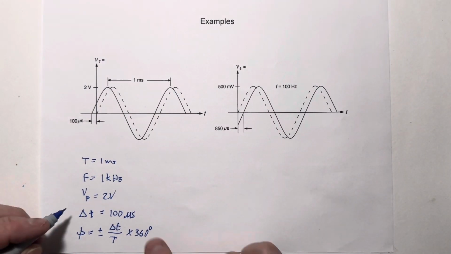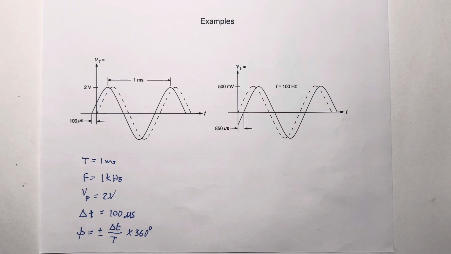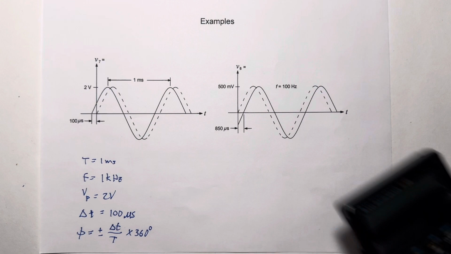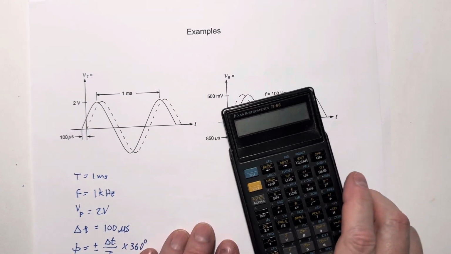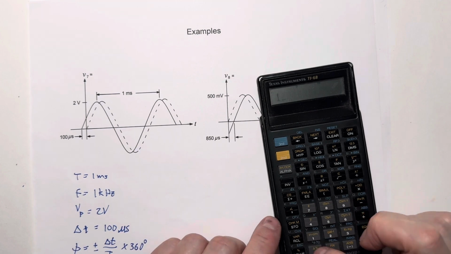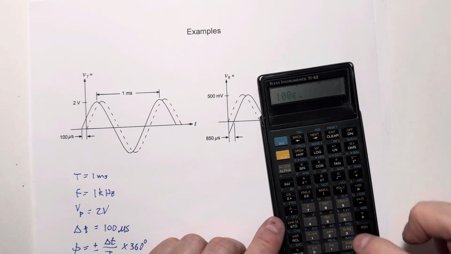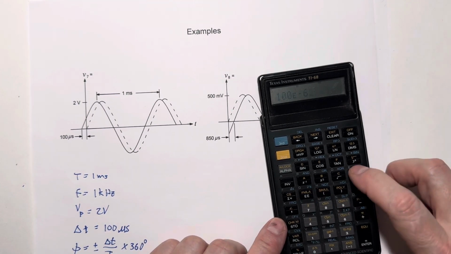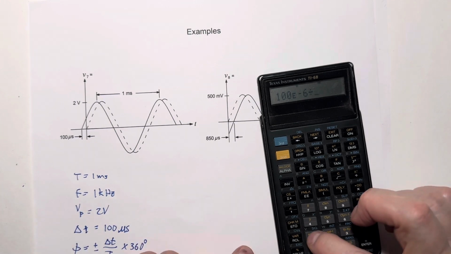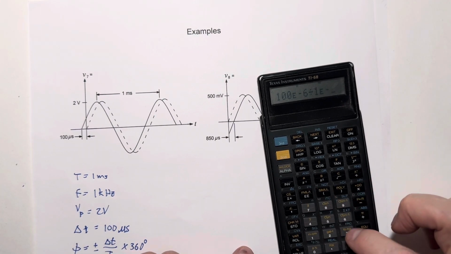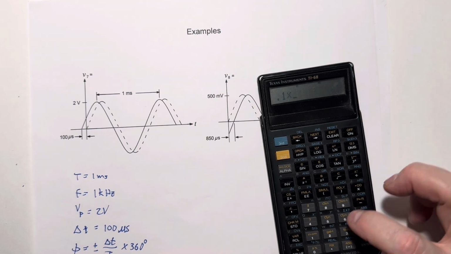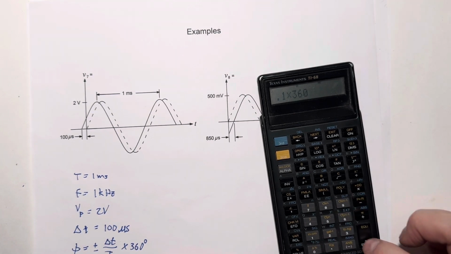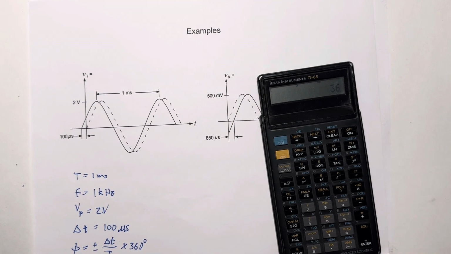So we've got delta t of 100 microseconds divided by a period of 1 millisecond. If I get my trusty TI-68 out here, 100 microseconds divided by 1 millisecond is 0.1, times 360 is 36 degrees.